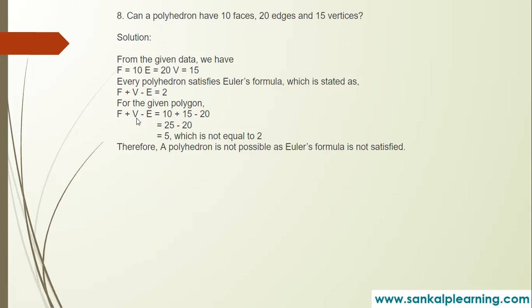Now, F, the faces, is 10 and 15 vertices and minus 20. So 25 minus 20 is 5. We had to get the magical number 2, but we are not getting 2 here, so it is not equal to 2. Therefore a polyhedron is not possible because it is not satisfying Euler's formula.